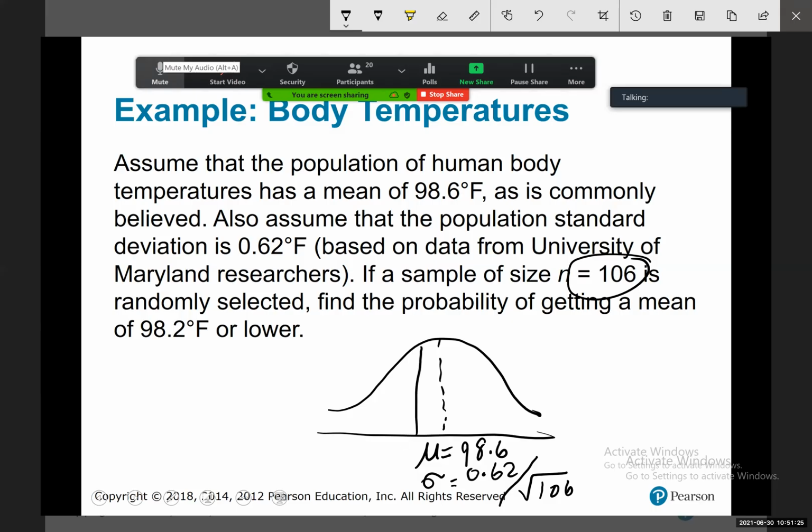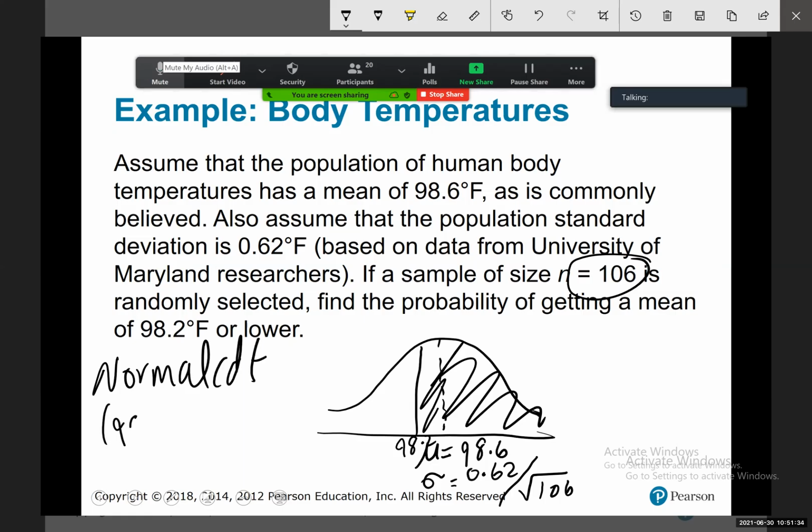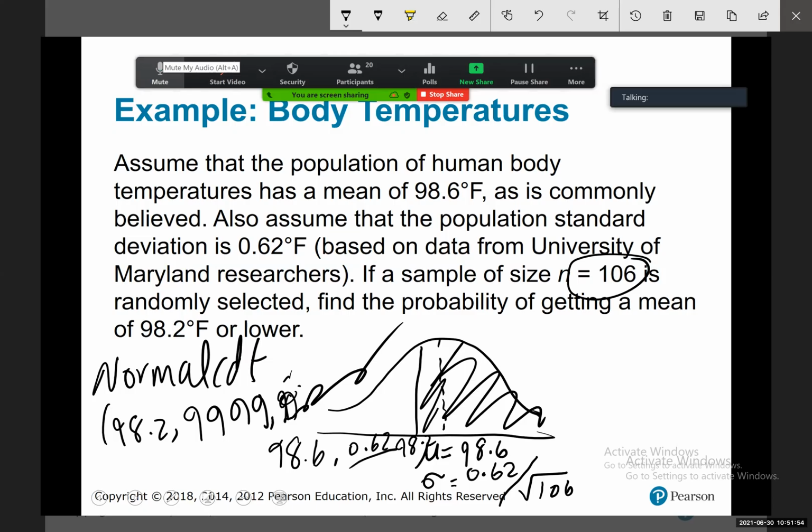So 98.2 is probably somewhere here. You would say normal CDF, 98.2, comma, going forever, 999, mu 98.6, comma, 0.62 over root 106, close parentheses.